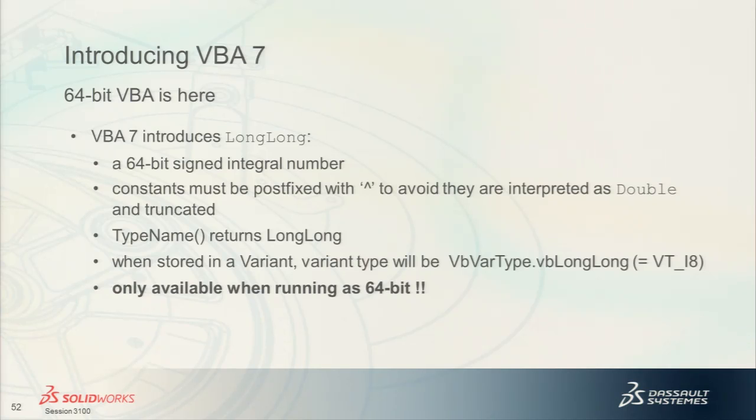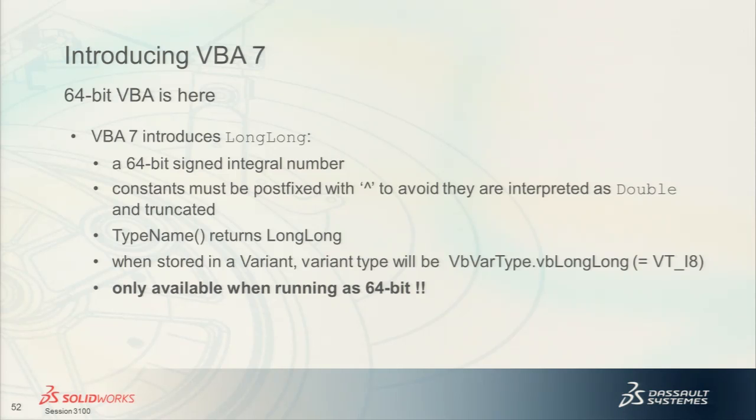And when VBA7 came around, we had to adapt and change the table and add the long type, which is new in VBA7. It's 64 bits wide, it's signed, it's an integer number, very similar to what you've seen before. And in case you're using a hardwired number, a constant, just make sure you postfix it with a type character, otherwise the Visual Basic IDE, the editor, will just truncate it at some point and say, oh, this is a double.